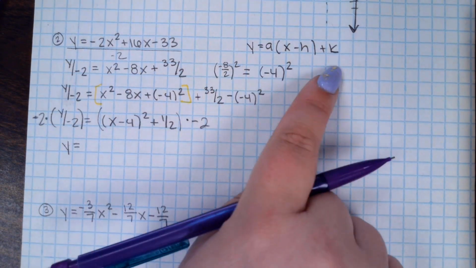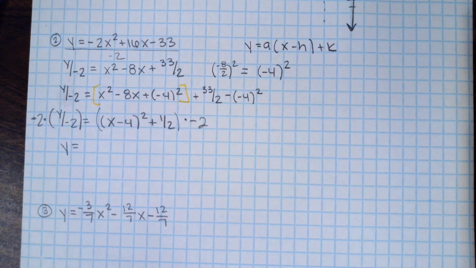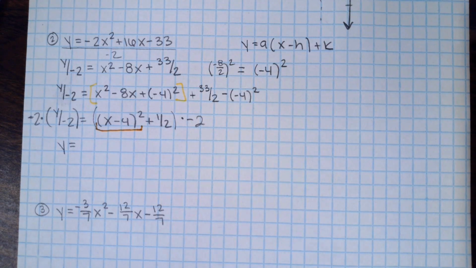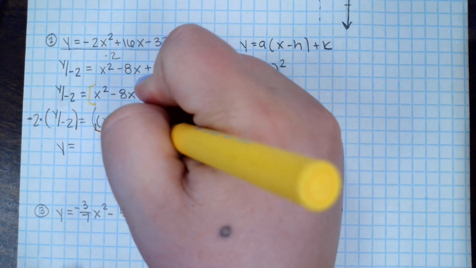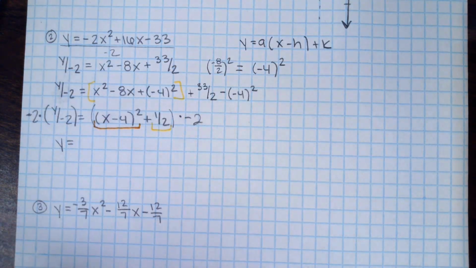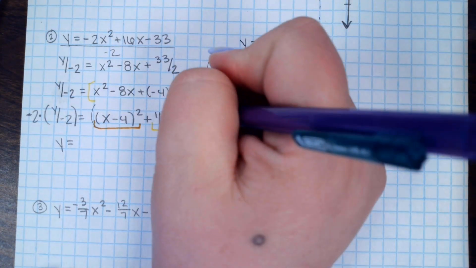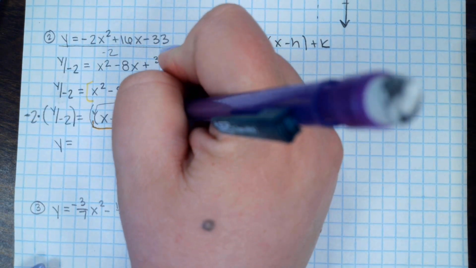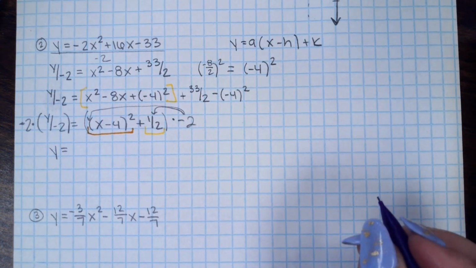Now remember, this is our goal. We really have two terms here. The x minus 4 squared is one term, and the 1/2 is another term. So you can think about it as distributing. So we're going to distribute the negative 2 here and distribute the negative 2 here.